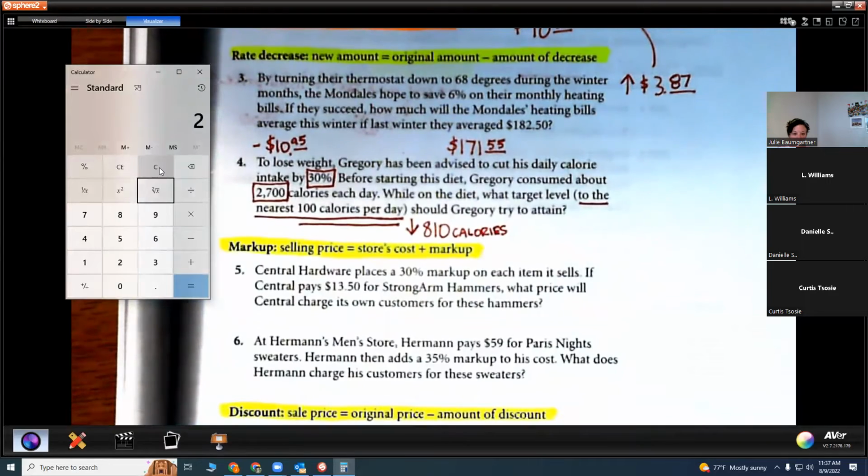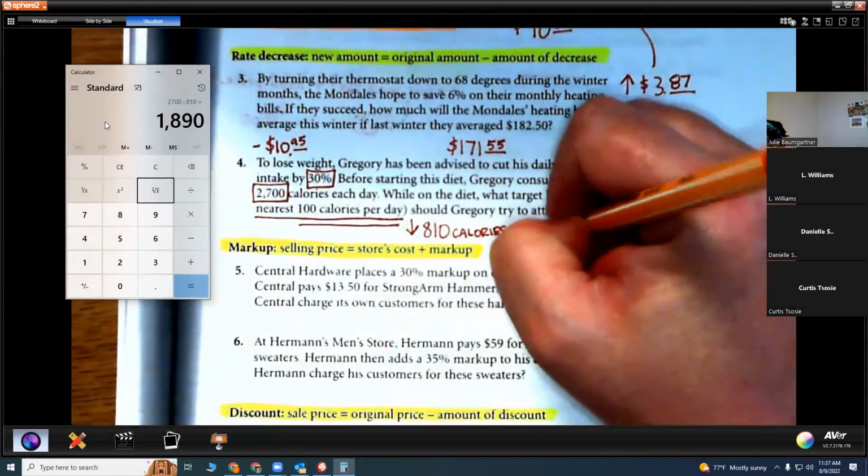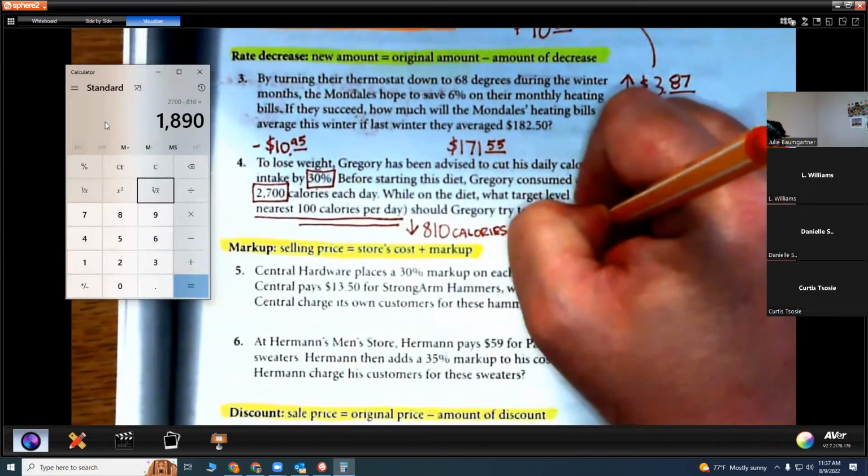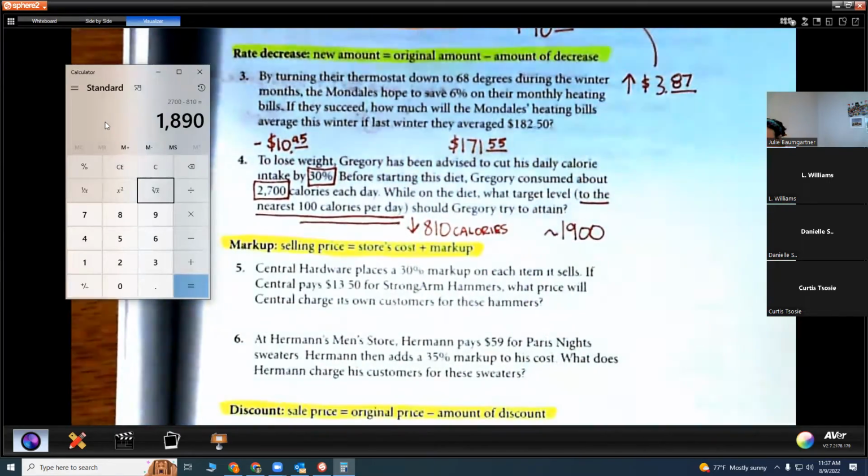So we take our 2,700 minus 810. So then do we round this up to 1,900 or do we round it down to 1,800 to the nearest 100? Good. Yep. So he needs to go down to about 1,900 calories a day.